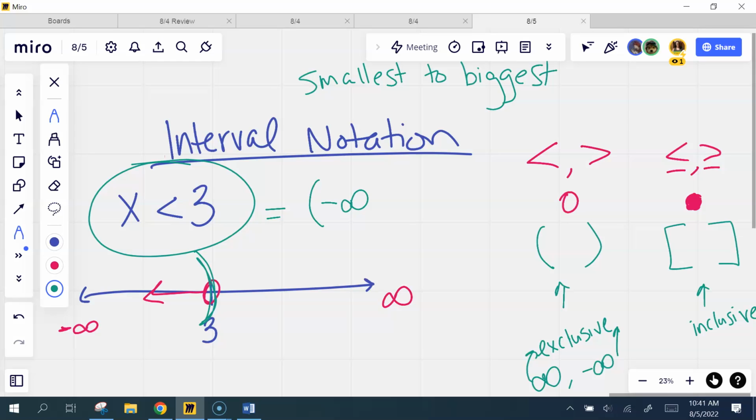We only have two sets of numbers in here. I'm going to use a comma, and then I'm going to say it keeps going until I hit what? 3, and it stops. Does it include 3 or exclude 3? x is less than 3 can be written as negative infinity to 3. Okay, it's not bad yet. You're going to be able to write any inequality at all in interval notation.